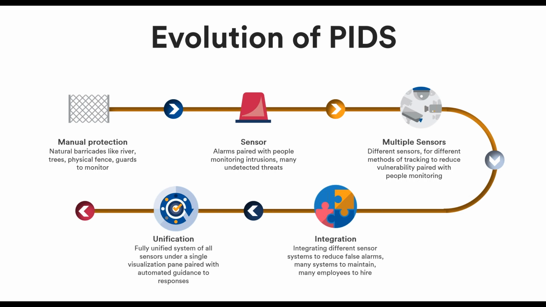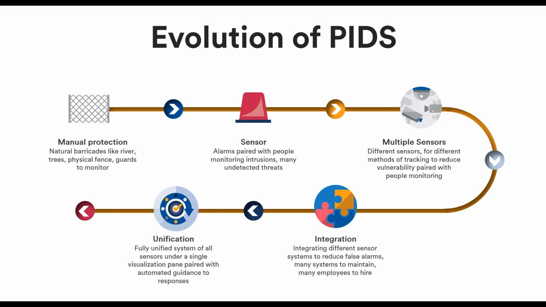Sure. At the beginning, there's manual protection, such as natural barricades like rivers, trees, and fences with guards monitoring. So then it evolved into sensors. That came with the addition of sensors that were paired with people monitoring intrusions, resulting in undetected threats.